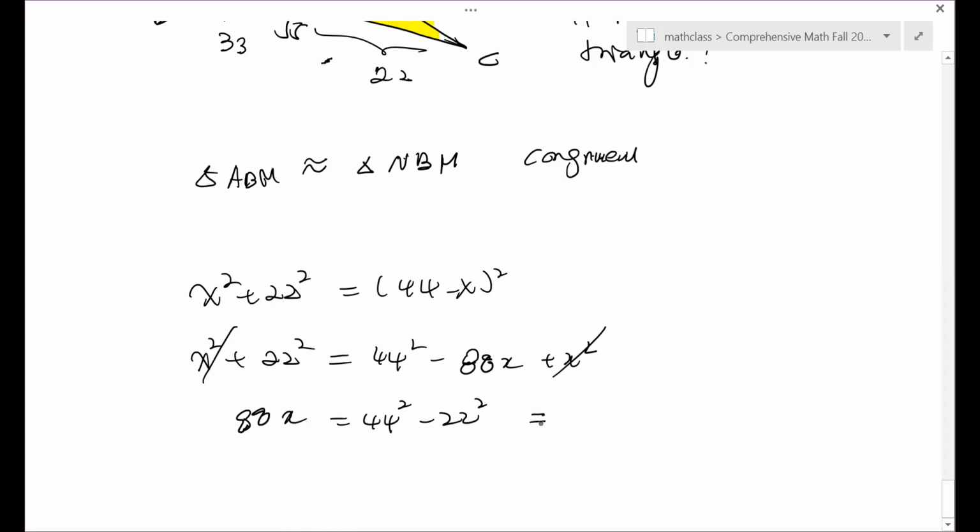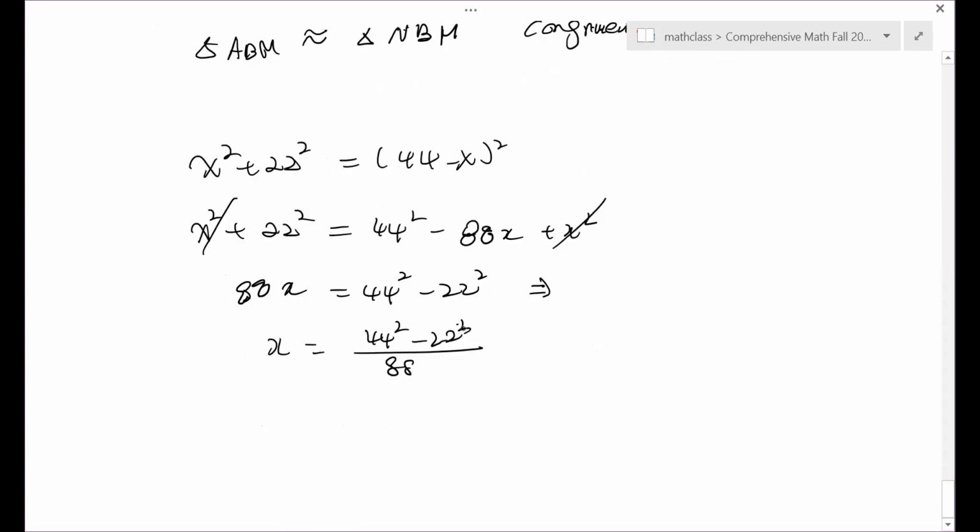You can simplify it, right? So X is going to be (44 squared minus 22 squared) over 88. And then you simplify it. To this point, the rest of it is simple.